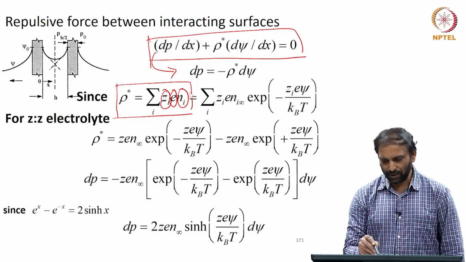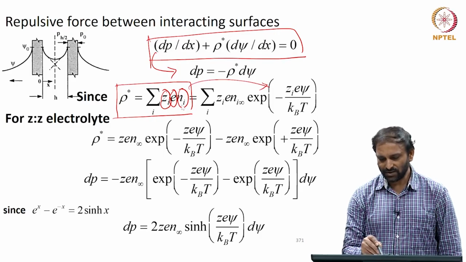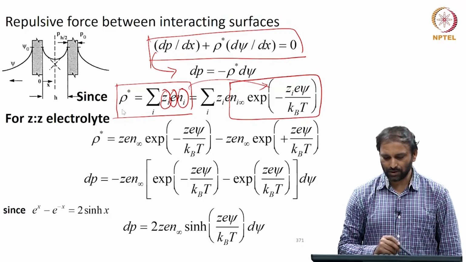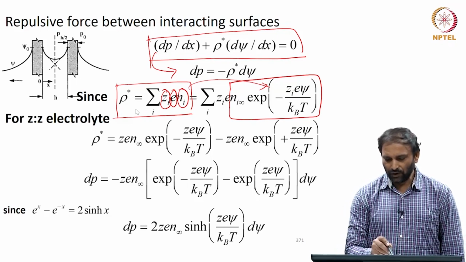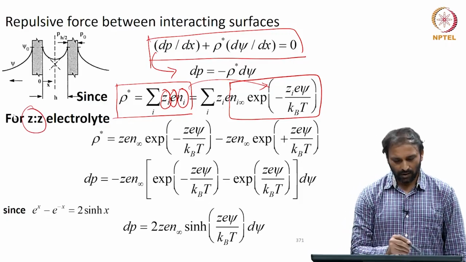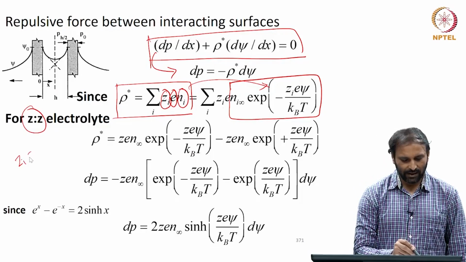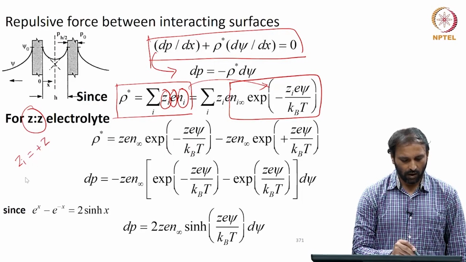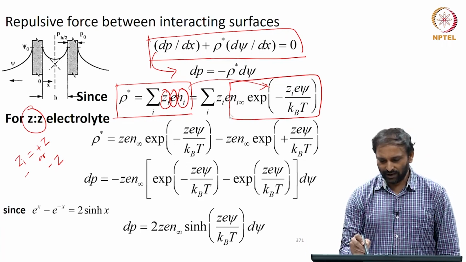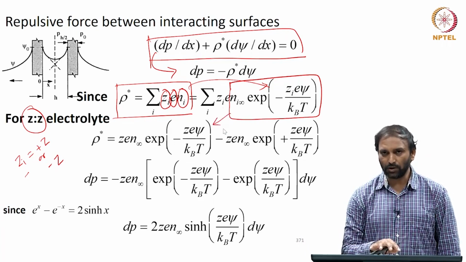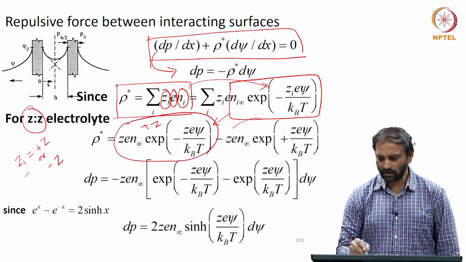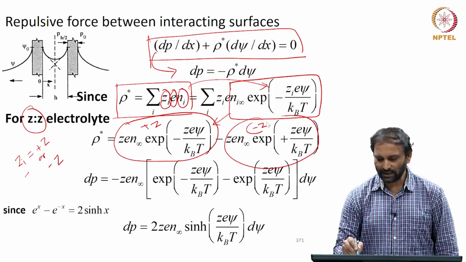So, I can bring in the Boltzmann factor. So, Z I E times the Boltzmann factor, that is rho star, and when you have a Z is to Z electrolyte, Z I takes the value of plus Z or minus Z. Therefore, I can expand this term, I can write two terms, one for the plus Z case and the other one for the minus Z case.